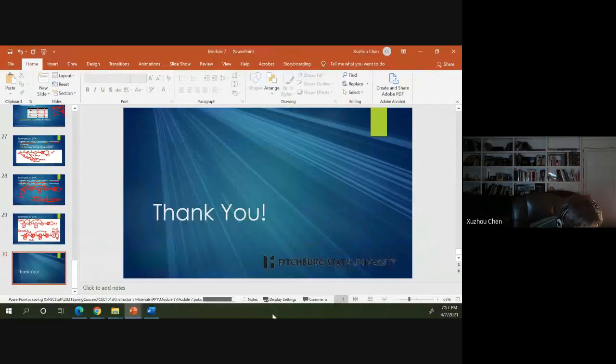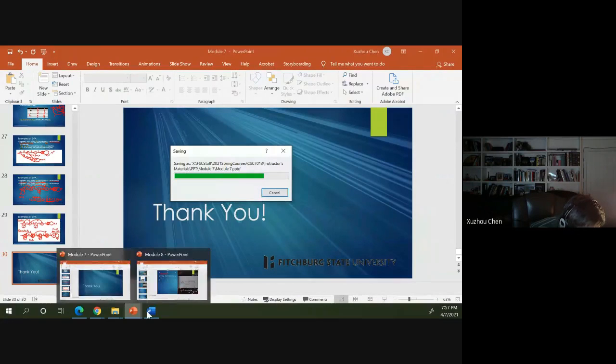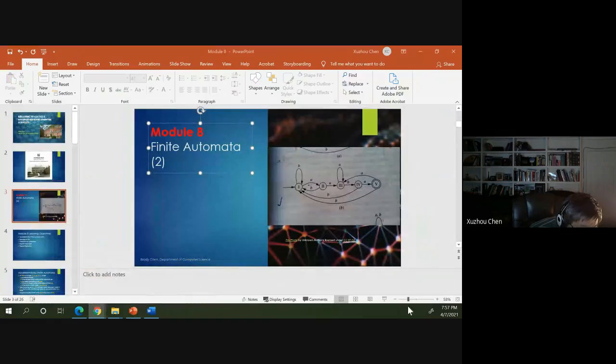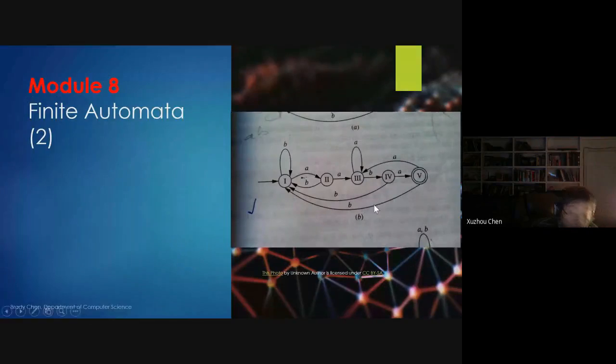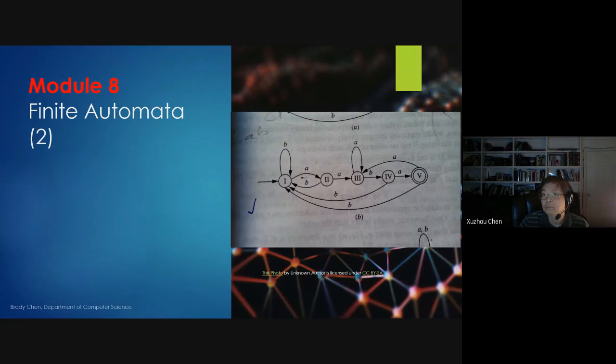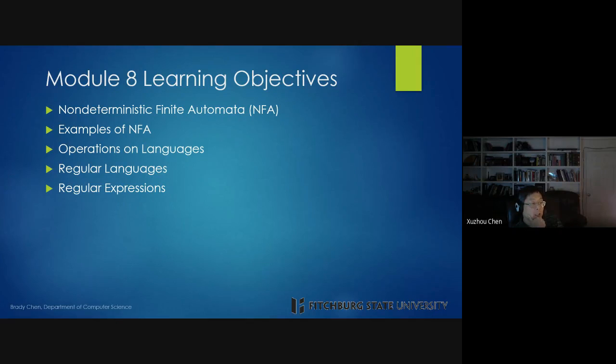Okay. Now let's start the next module, module 8. In module 8, we continue to work on finite automata, but mostly we're going to talk about non-deterministic finite automata, NFA.